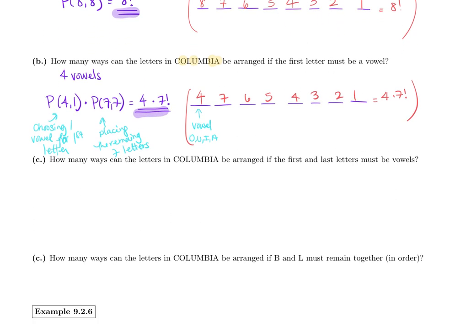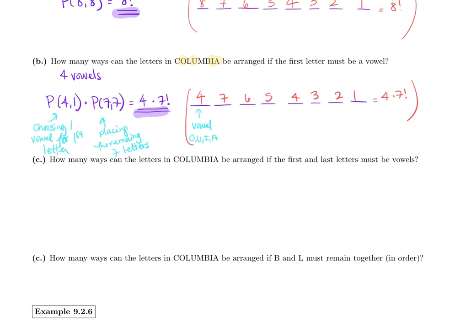But please be aware that if I were to put a problem on the exam or on a homework that says use permutations to do this, then I want to see not the brute force method on the right, but the permutation computations on the left. I want to see the permutation of 4 choose 1 times the permutation of 7 choose 7. That's what I'm looking for.